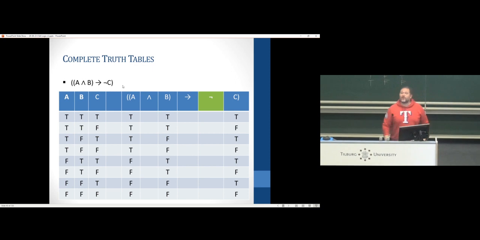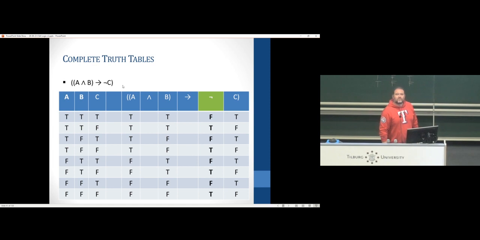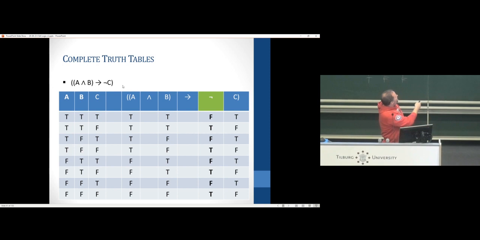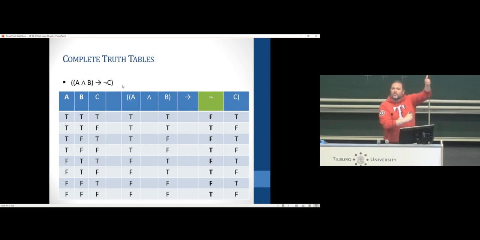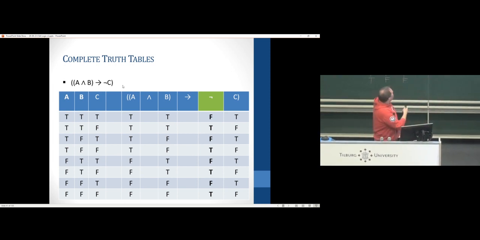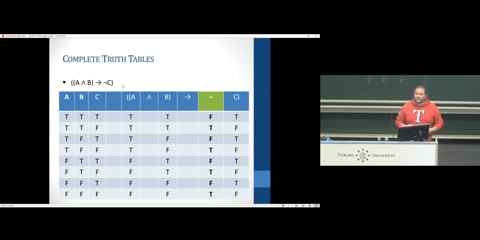So if we think about how to fill this column out, we get something like this. Again, all it's doing is taking in the values from here and outputting the opposite.